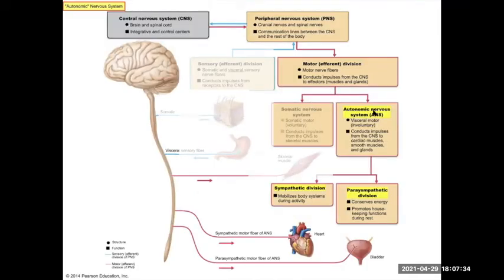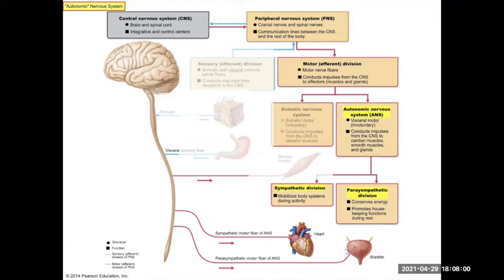The other part of your nervous system, again, is your autonomic nervous system, which we'll have a whole lecture on, but real briefly, this could also be referred to as your visceral motor. This is going to be involuntary. This output is going to be done to things like your cardiac muscle tissue, your smooth muscle tissue lining all your organs like your bladder.